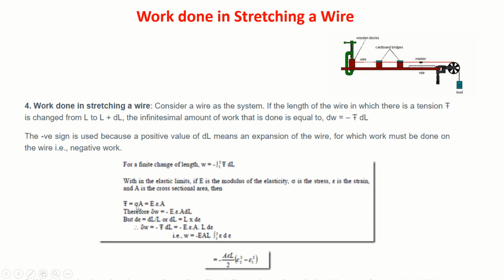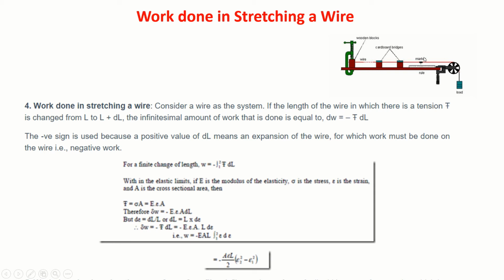From this equation, stress by strain is Young's modulus. So you can replace sigma by E into epsilon. What is epsilon? Epsilon is nothing but strain. What is strain? Change in length per unit length. So please look into all these things. Finally, we can find out the work done.